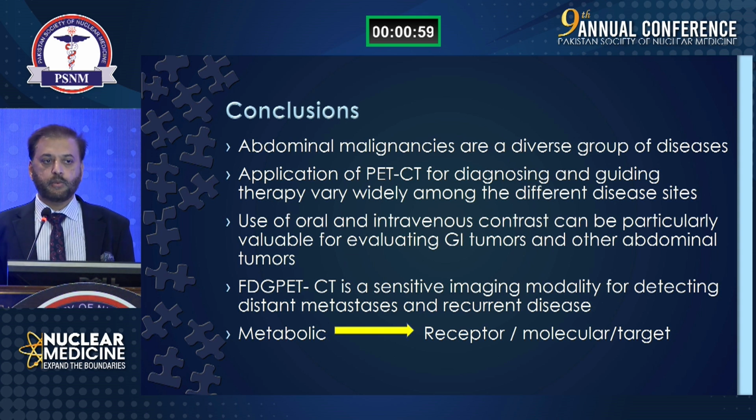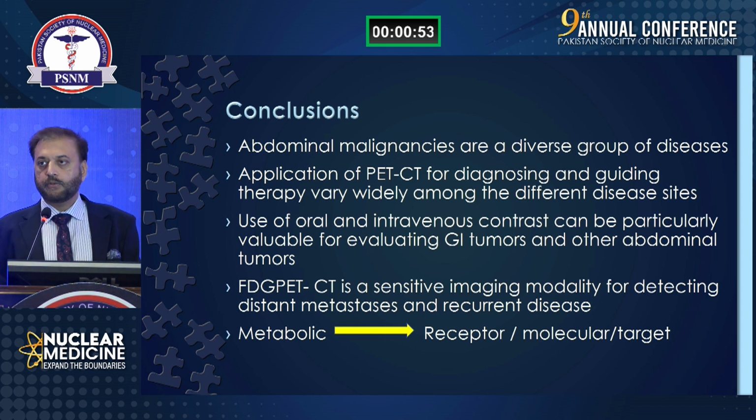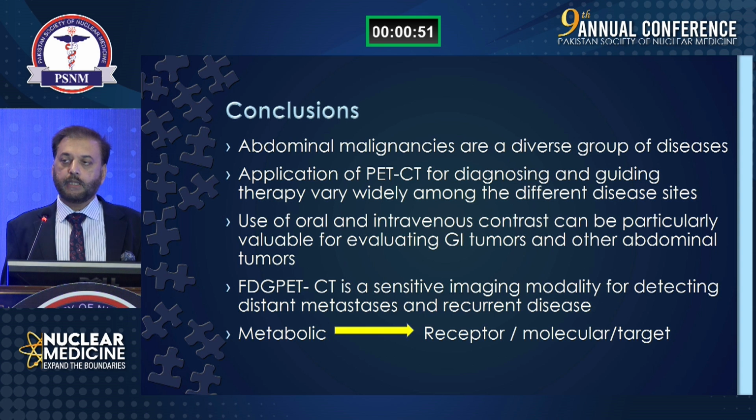Many times endoscopic ultrasound or MRI is recommended rather than PET-CT. So newer targets which are not utilizing the metabolic profile, but are more focused on the receptors and the different targets within the tumor cells, would be leading the way towards utilization of PET-CT in the abdominal tumors.